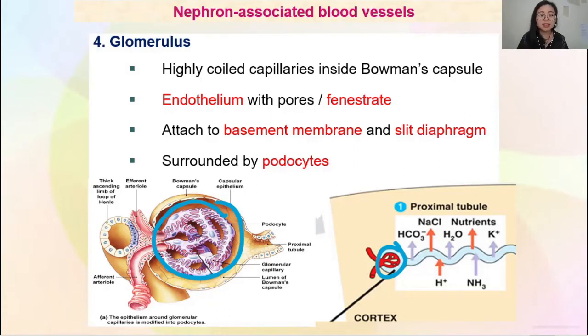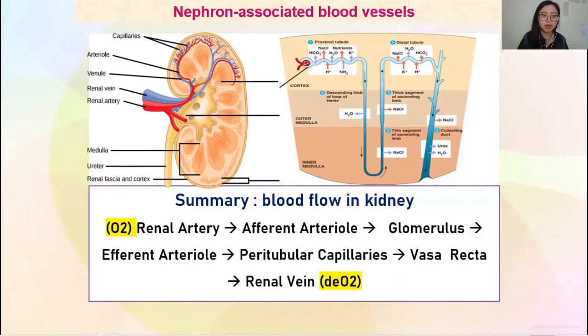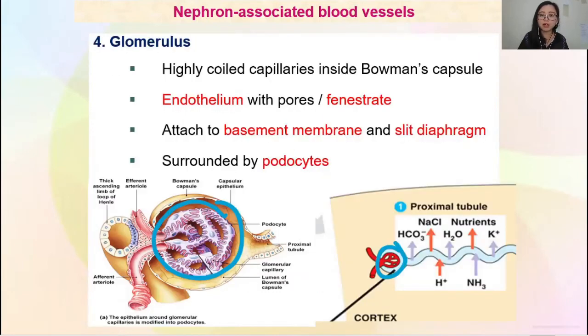The cells in the glomerulus will be surrounded by podocytes, which are small cells that help this later. Okay, nanti kamu akan belajar dengan lebih mendalam apa benda yang endothelium ni, fenestrate ni, basement membrane, you already know. What is podocyte? Nanti belakang-belakang kita akan ada diagram yang menunjukkan glomerulus dengan lebih tepat.